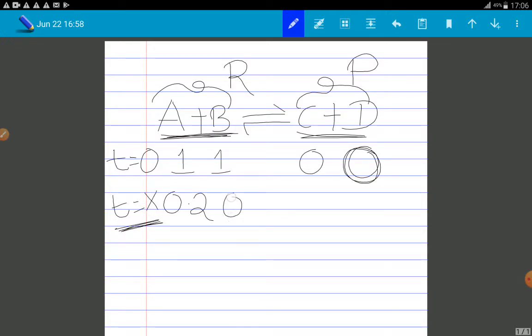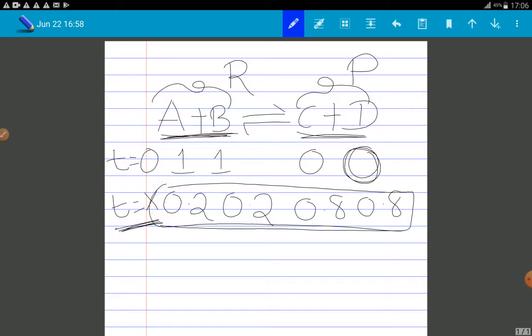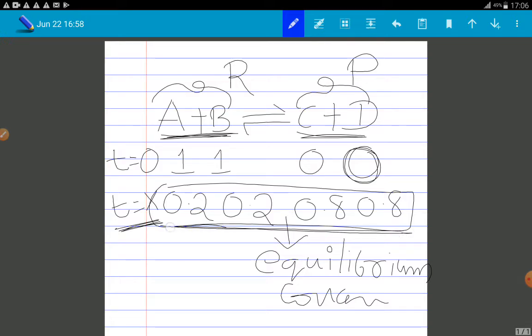At that time you have the reactants A and B, and along with that you have the products. Here for example we have 0.8 moles. These are called the equilibrium concentrations. What is present at equilibrium is called the equilibrium concentration.